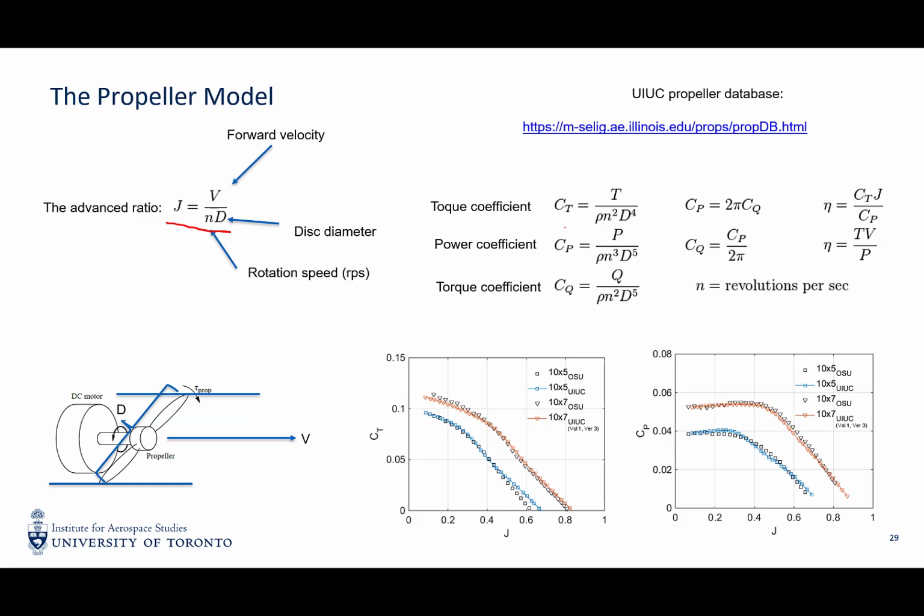And we can get the thrust coefficient, power coefficient, and torque coefficient. And then we can get the thrust at a given rotation speed and forward velocity.